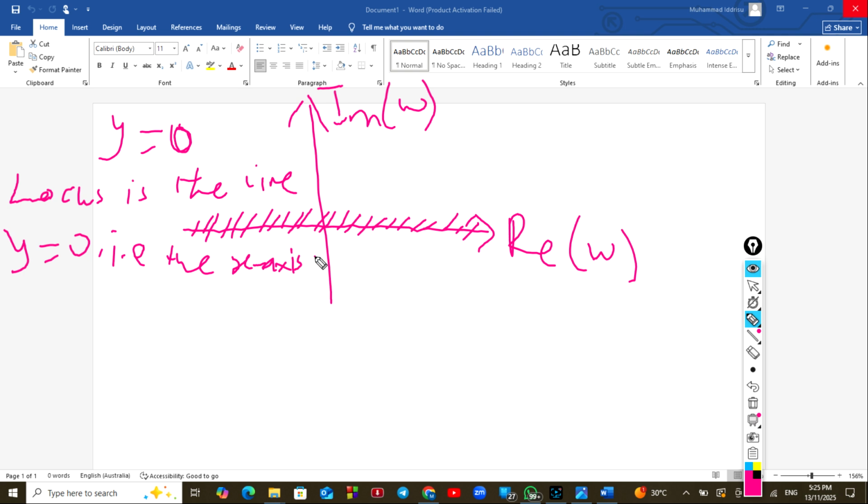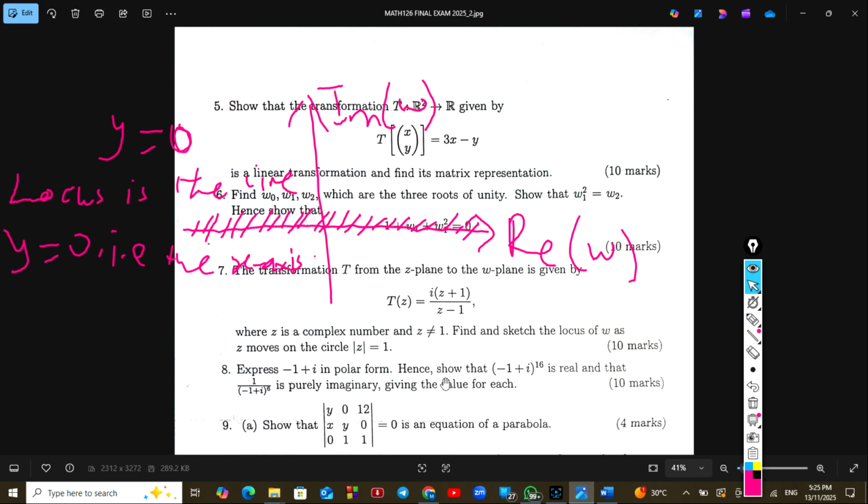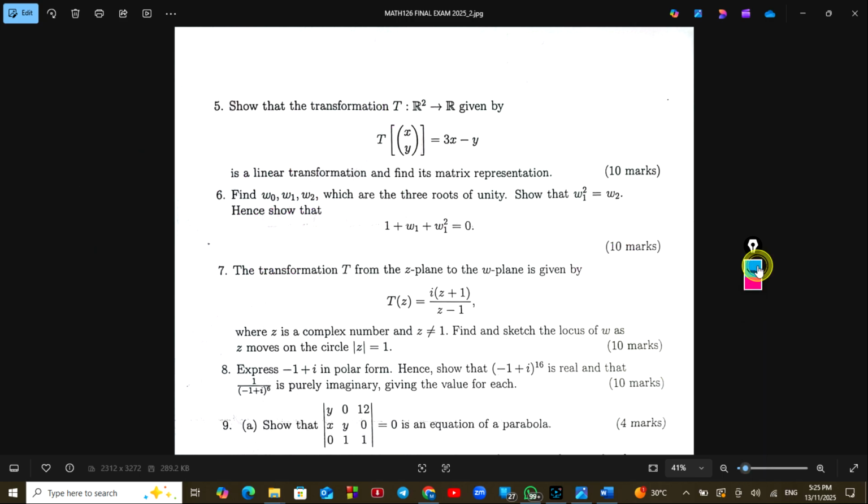So if we transform the circle with radius 1 given, let me close this and explain.